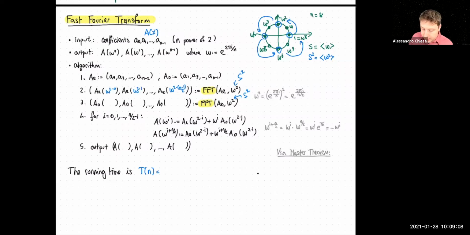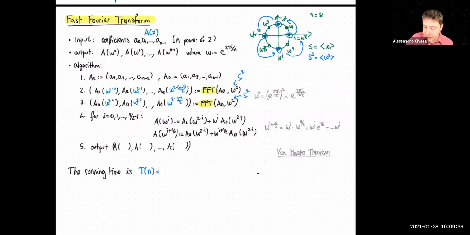And the very same thing for the other recursive call, because both of them are evaluating the polynomials on the set S squared. Now we have the evaluations of the 2 polynomials on the set S squared. We have to construct the evaluations of A on S.